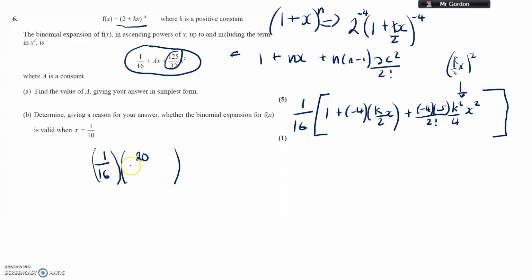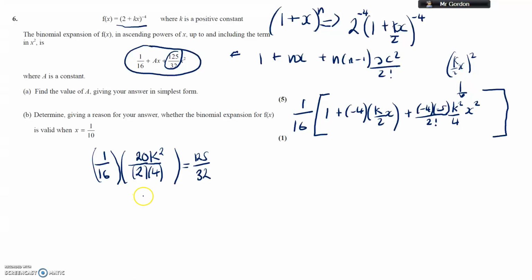Minus 4 times minus 5 is 20, divided by 2 factorial, which is 2, plus the 4, which we had there, should have worked that out really. And k squared on top, k squared. That's our coefficient of x squared, and that is equal to what they've said is the final coefficient of x squared, which is 125 over 32.